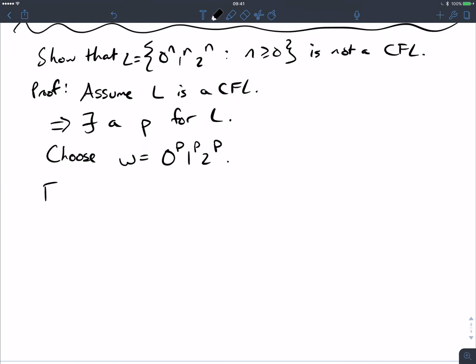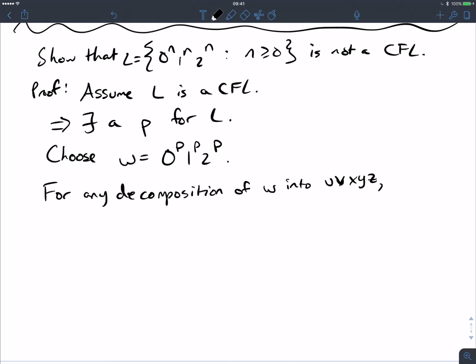So for any decomposition of W into UVXYZ, could VXY be entirely in the zeros part? Yeah, certainly. Could it be all in the ones part? All in the twos? Have some of the zeros and some of the ones?